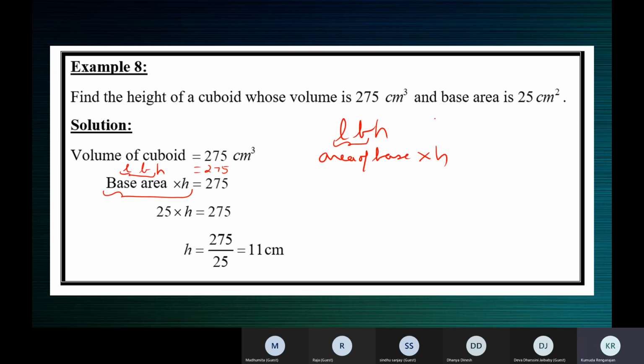I wrote base area because it's given here. Base area or area of base, both mean the same. See, L into B into H is the formula to find the volume of a cuboid. In this, L into B is nothing but the area of the base, or base area. So base area into height is the volume of a cuboid. Similar.